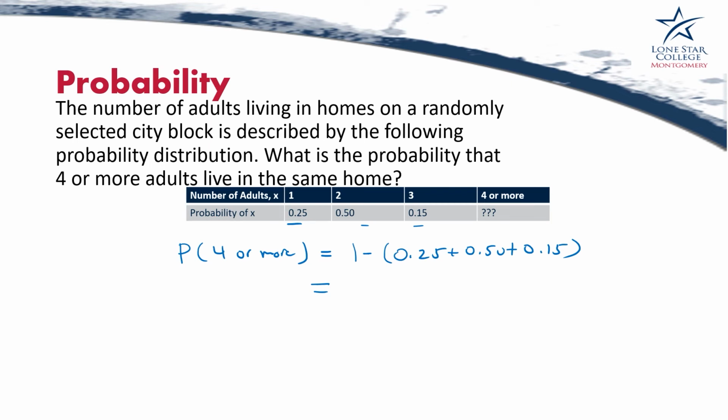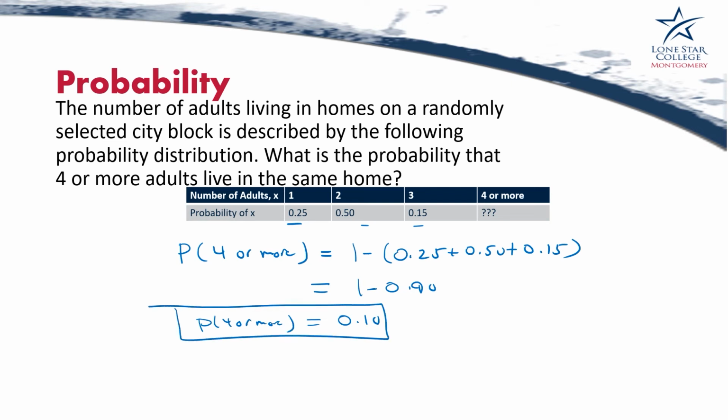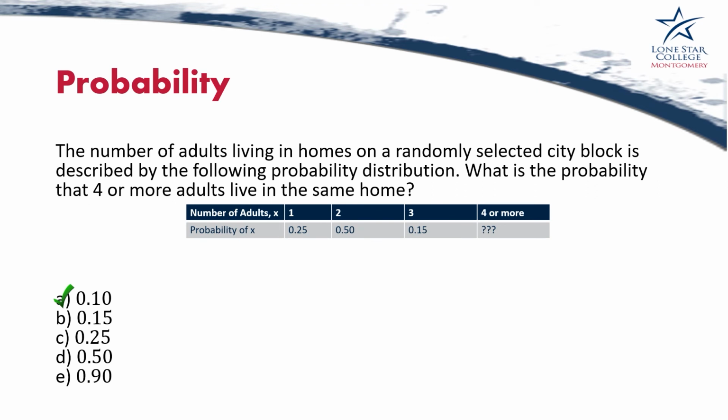So 1 minus 0.9 gives us 0.10. So the probability of 4 or more adults living in the same home would be 0.10, which is answer choice A.